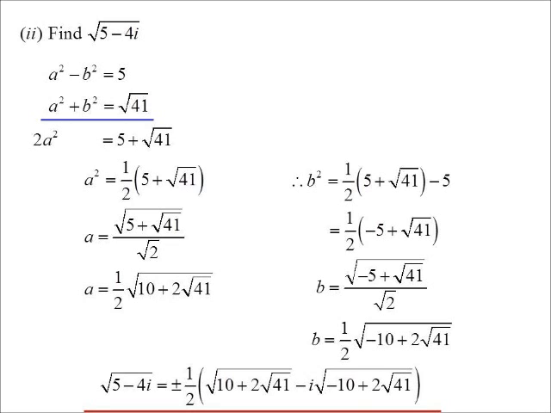The square root of 5 minus 4i is plus or minus a half root 10 plus 2 root 41 minus i root negative 10 plus 2 root 41. Now, the other method, it's still not going to give you nice, neat numbers, but it might do it a little bit easier than this one. So it just depends on the numbers, which way you go.